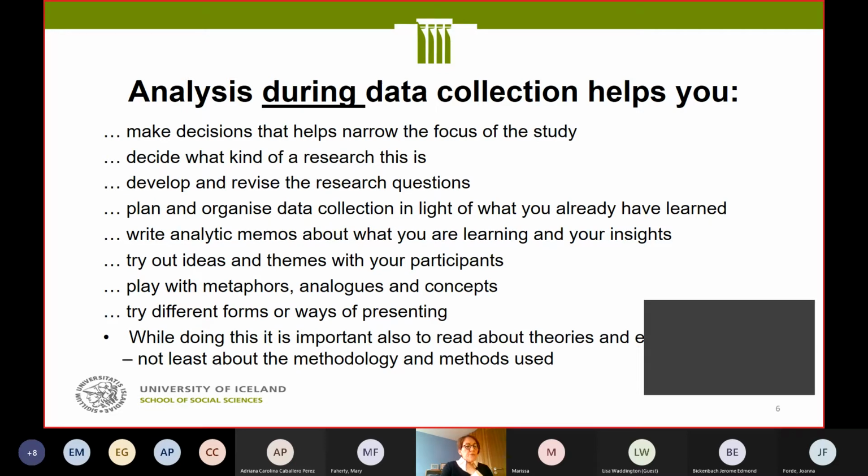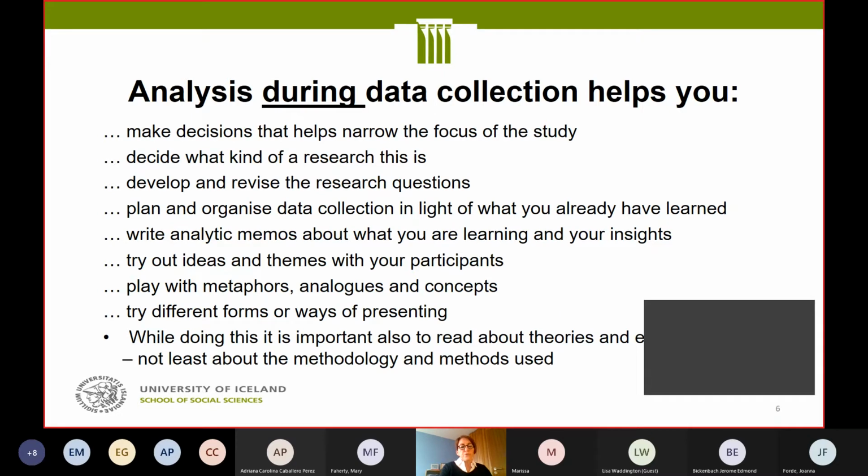And also, you need at some point to make quite sure, so what kind of research is this? And what is the story you choose to tell? Because from each research project, you can really tell different stories, and it can be a different kind of research with the same data.